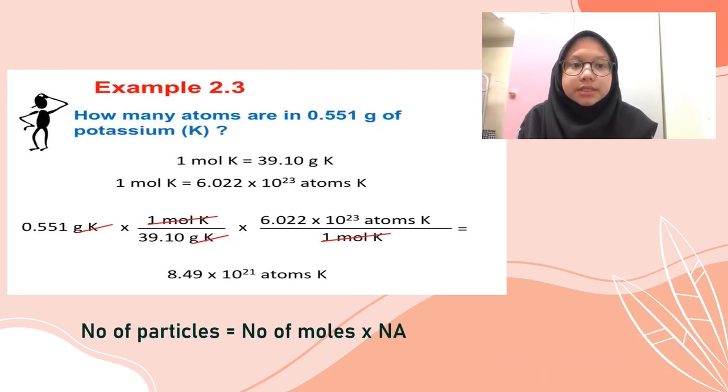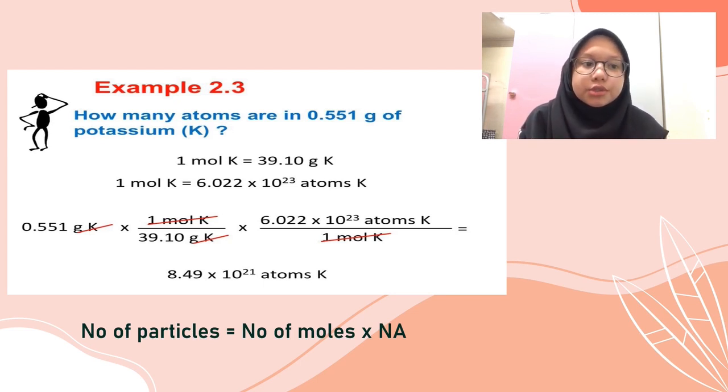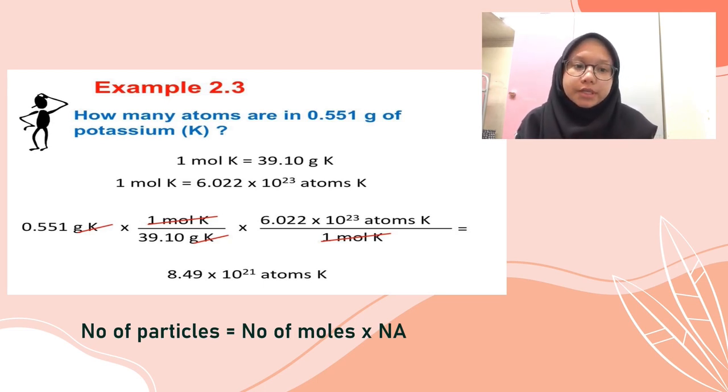So this is the example of 2.3. The question is, how many atoms are in 0.551 gram of potassium? That is the formula, which is number of particles equals number of moles multiplied by Avogadro's number, which is 6.022 times 10 to the power of 23.